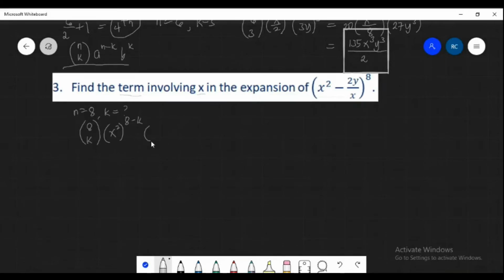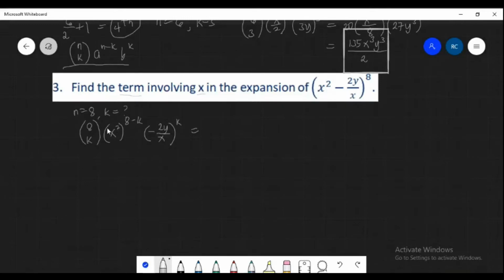Okay, minus 2y all over x raised to k. Wala ulit value yung k. Ang objective natin guys, yung x natin may exponent na 1.